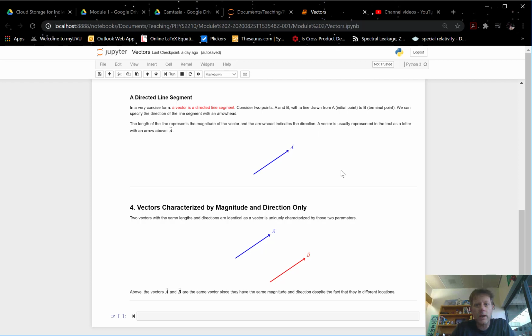The vector is only characterized by its length and its direction, not by where it's located, at least for a true vector. So in this example, vector A, which is blue, and vector B, which is red, both have the same length and same direction. Those two are indeed identical, despite the fact that they are drawn in two different places.